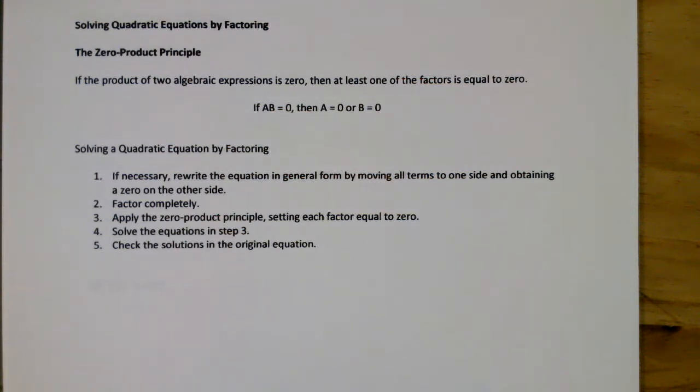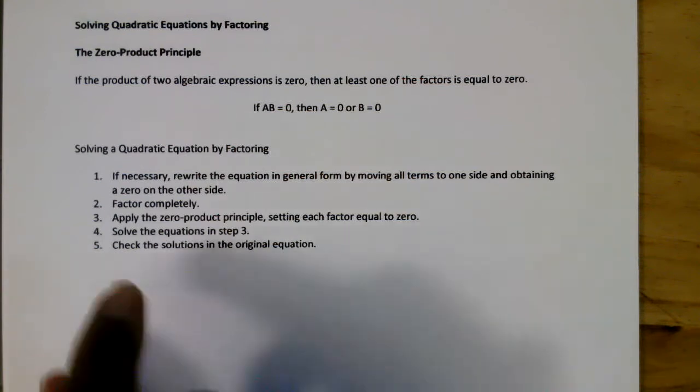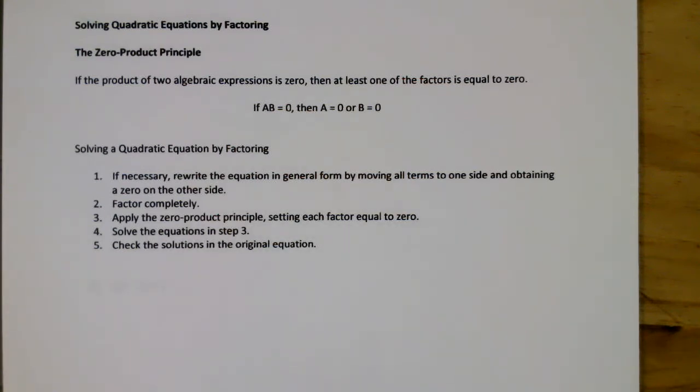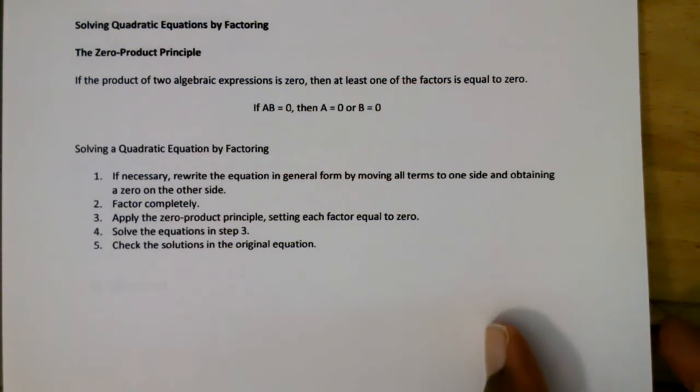And then apply the zero product principle that we just got through talking about by setting each factor equal to 0. And then step number 4 is to solve the equation in step number 3. And finally, check your proposed solutions in the original equation, because you want to make sure that your answers do make sense, or they satisfy the equation.